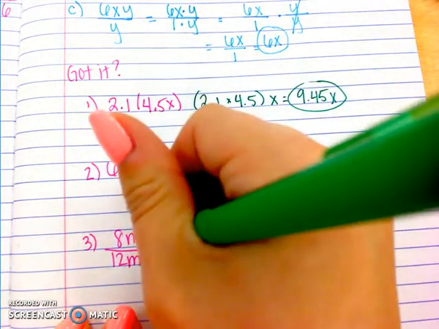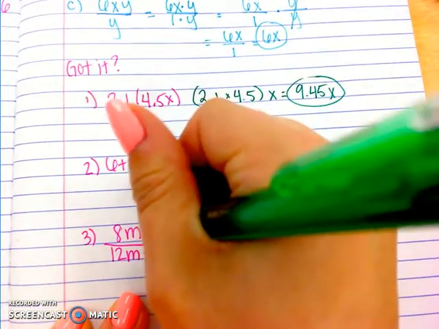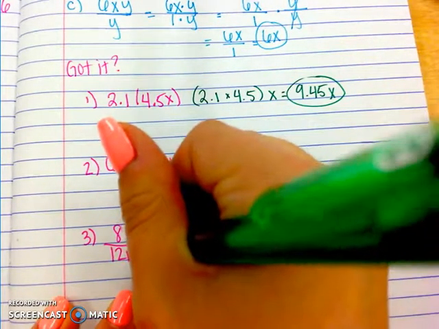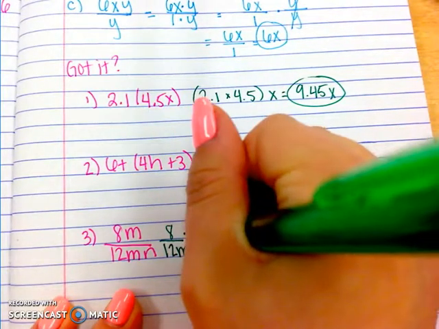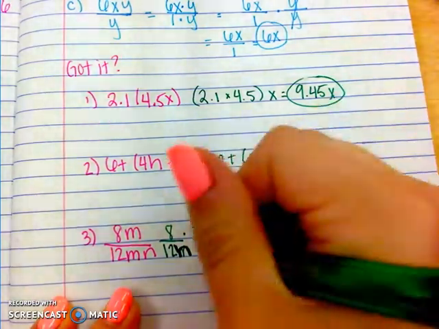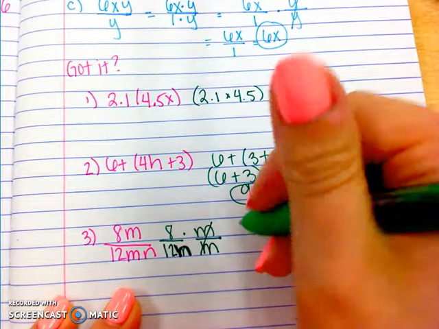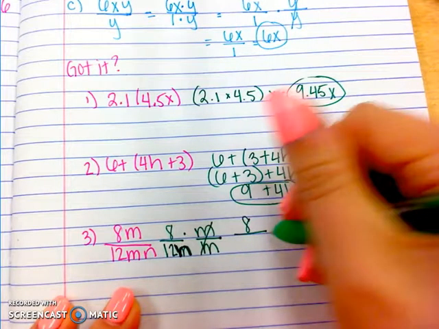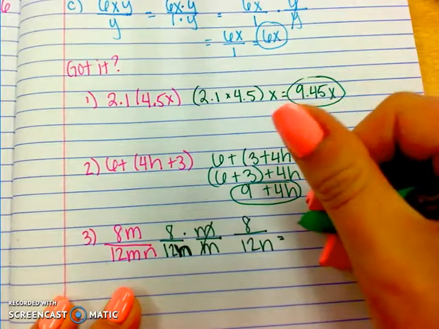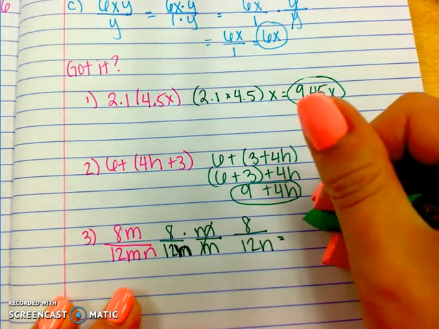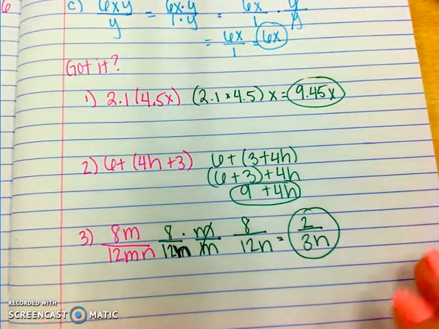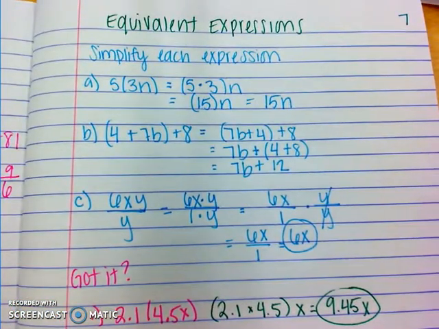And then lastly, I could have separated this 8 times m over 12n times m. So it would have reduced to 8 over 12n, which I know can be simplified further to 2 over 3n. And that is a lesson on equivalent expressions.